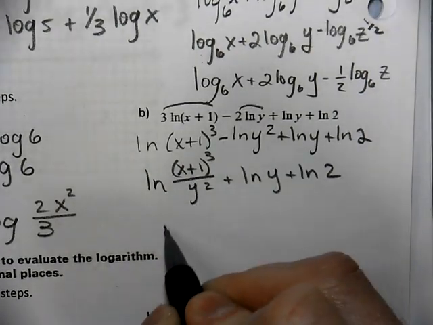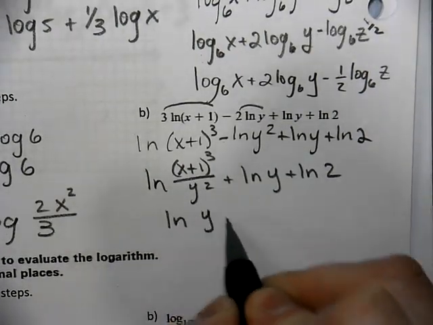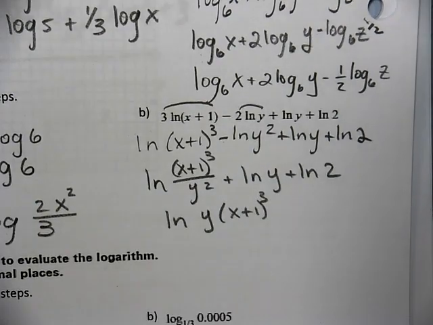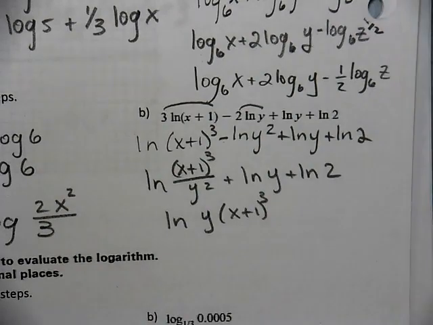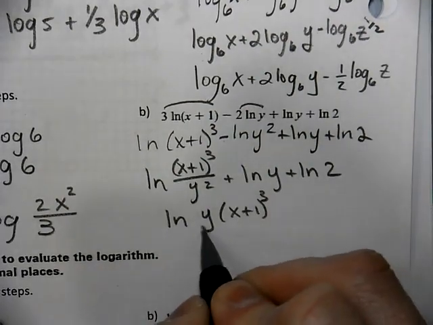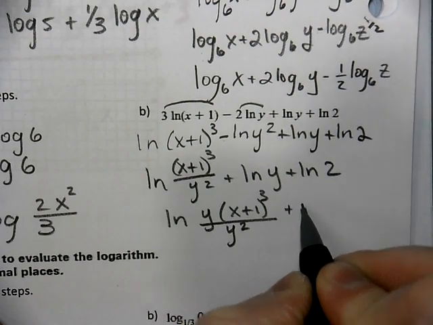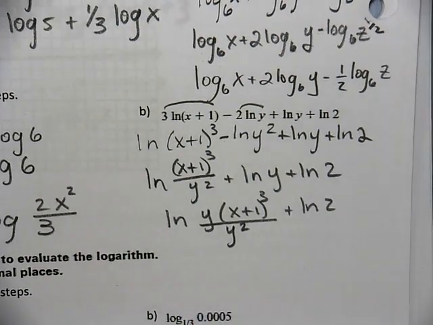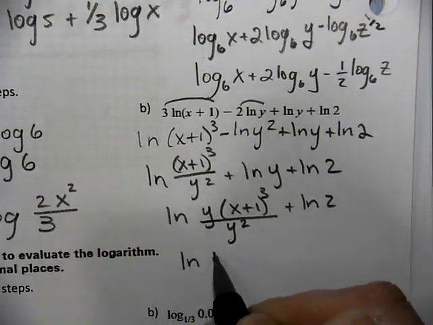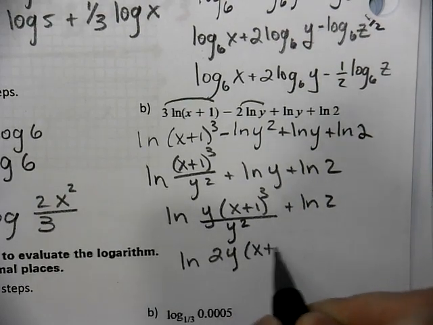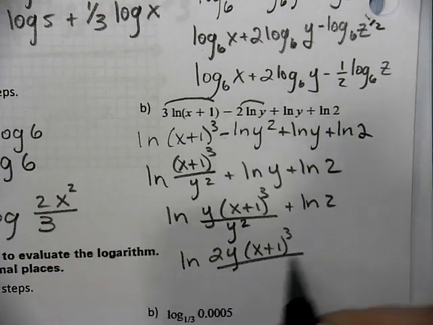The plus puts the y in front, or puts it on the same level at least with the x plus 1, and I wrote it in front. Another plus tells you to write the 2 as multiplication with those things.